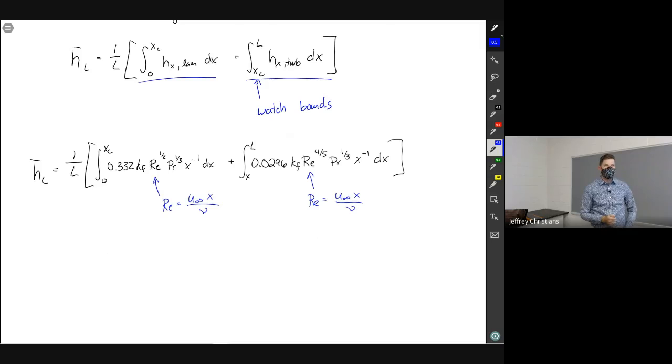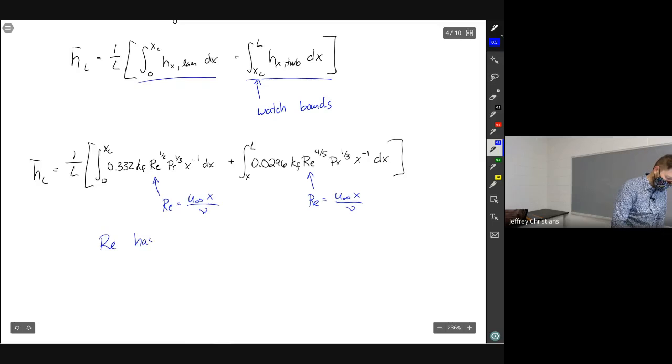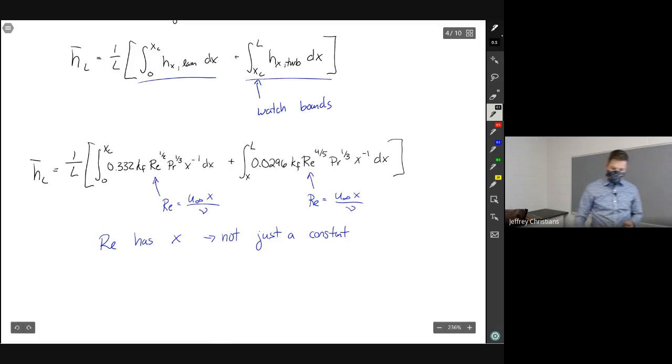Reynolds number has like a hidden X in it. So you have to make sure that that's right. We're integrating over X. Reynolds number has X in it. So it's not a constant. Okay, so we have to actually split that up.